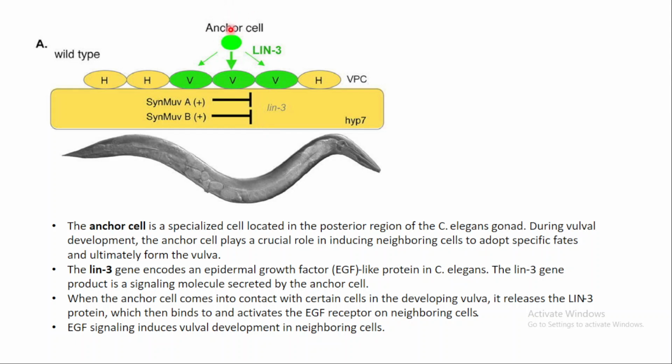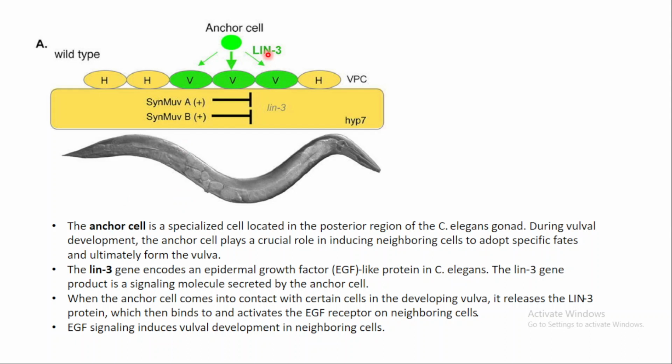So what the anchor cell will do is induce its neighboring cells, the cells that are adjacent to the anchor cell, to specific fates, and collectively they will form the vulva.